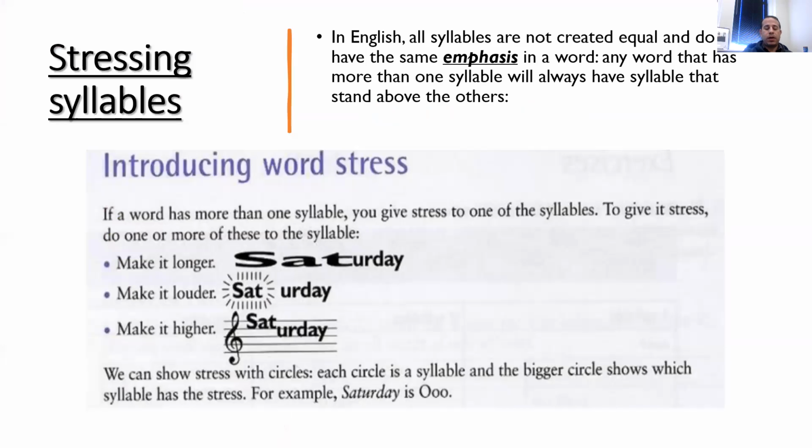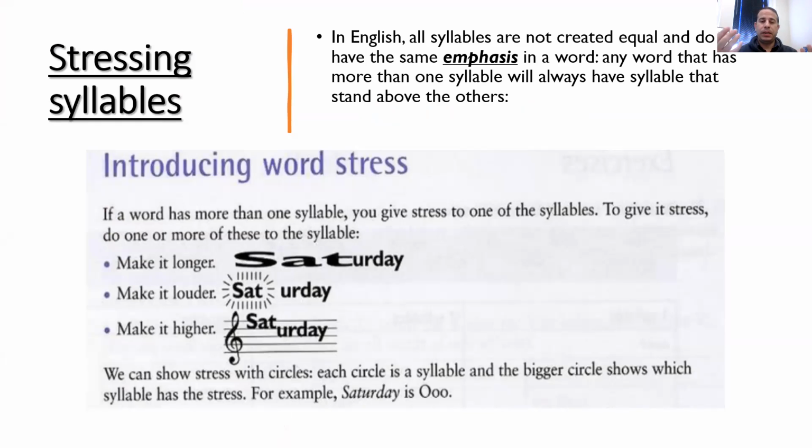So another thing that makes English pronunciation differ from Arabic pronunciation is the way English words treat syllables. Not all the syllables in one single word are the same.